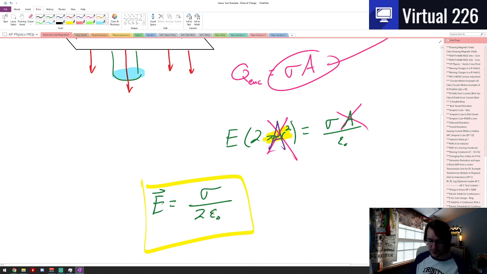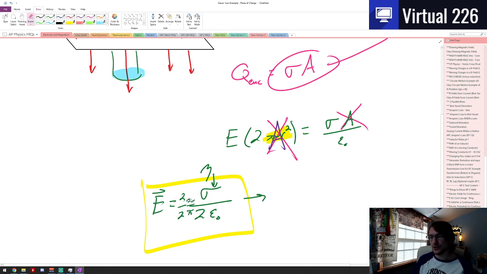Note, if you wanted to, you could write this in a slightly different way. Some people don't write sigma here, they write zeta instead. That's fine. Some people like to recognize that 2 epsilon naught in the denominator starts to look like something else, and what they'll do is multiply it by 2 over 2 and pi over pi.